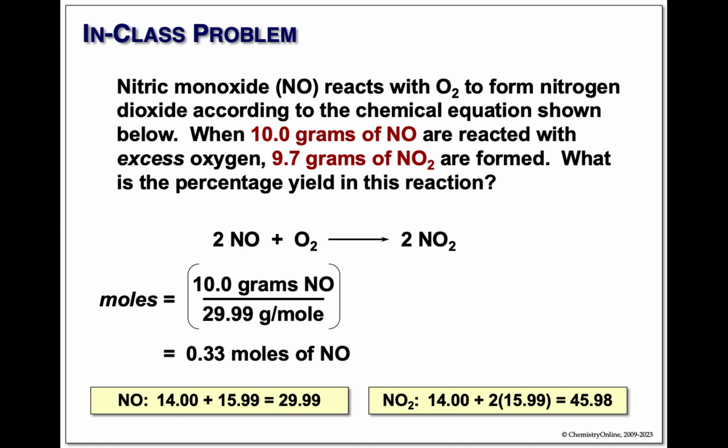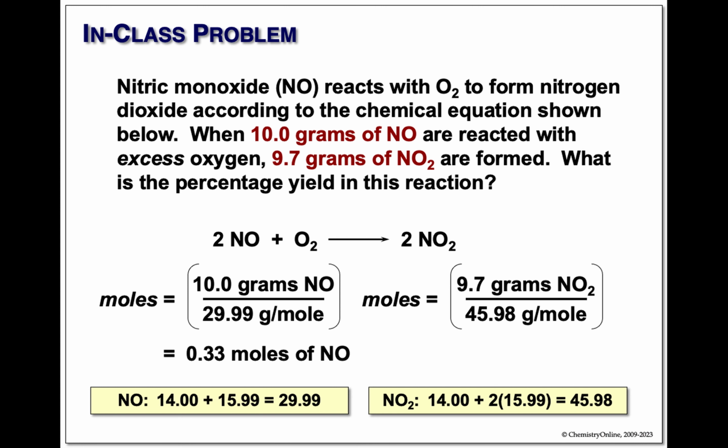But probably it doesn't. NO2, we have 9.7 grams, it weighs 46 per mole. Simply divide 9.7 divided by 46. Do our calculation, and we get 0.21 moles.